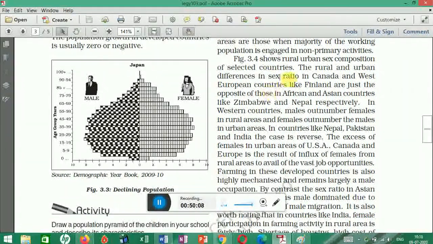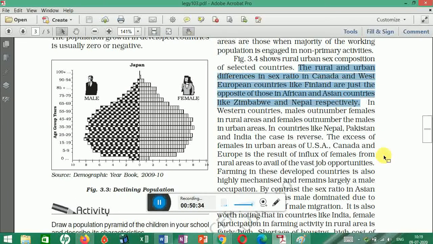See here, let us read this area. Okay, the rural and urban differences in sex ratio in Canada and West European countries like Finland are just the opposite of those in African and Asian countries like Zimbabwe and Nepal respectively.